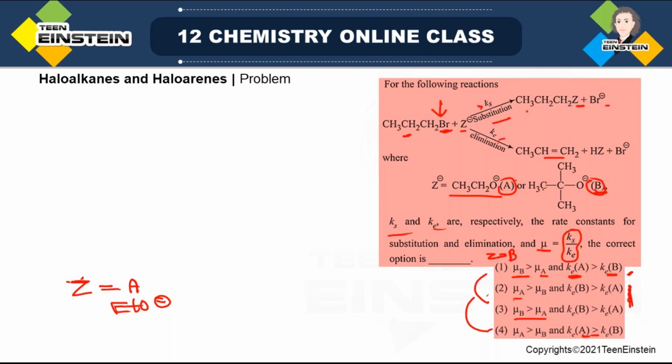So under this condition, obviously the substitution product will be high compared to elimination. That means when Z is equal to A, Ks will be greater than Ke.